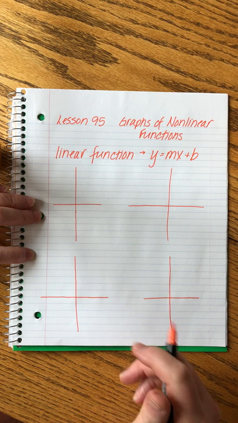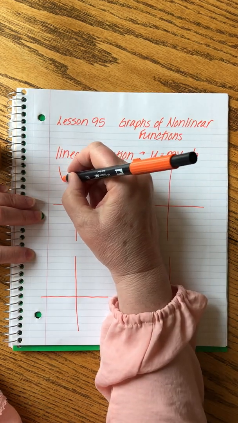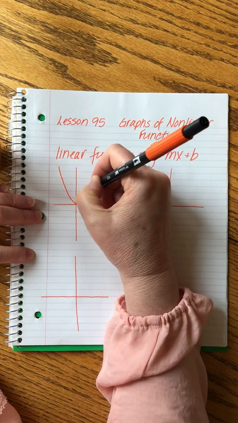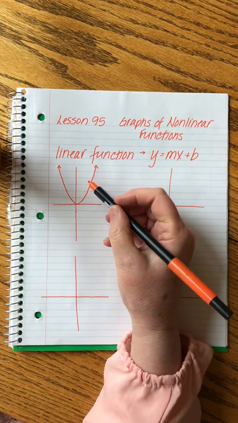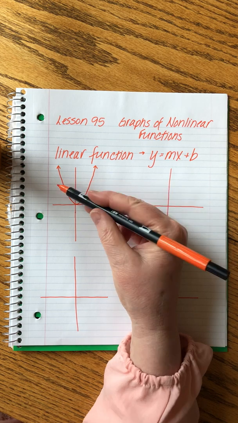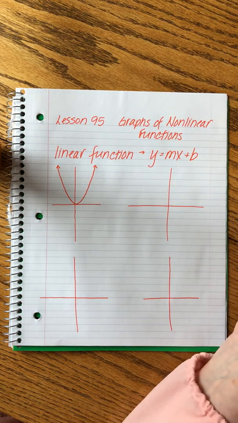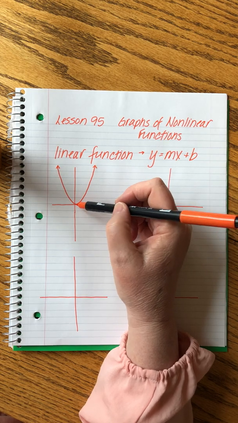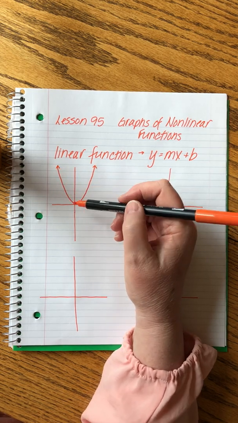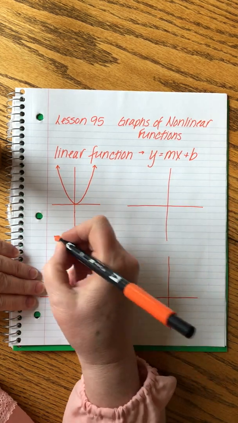Okay, the first one has a shape that looks like this. It's a U shape. It's exactly the same on either side of the y-axis. Mine's not perfect. It is gradually going out, but it makes this nice rounded shape down there. This is called a quadratic function.